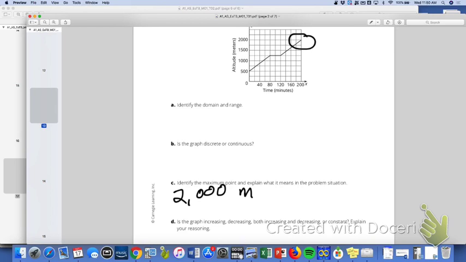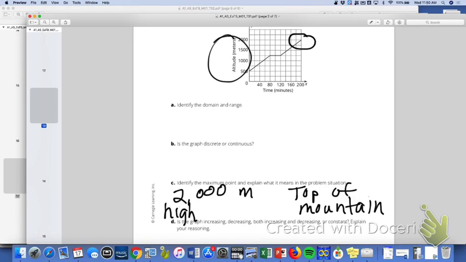So you could say, what probably happened when he got all the way to the top of the graph on his trip? He stopped. How come he probably stopped? He's on a hiking trip. He's probably at the top, right? So if you say something like that, that's fine. You could say he's at the top of the mountain. You could say his highest altitude, because the actual graph says altitude.